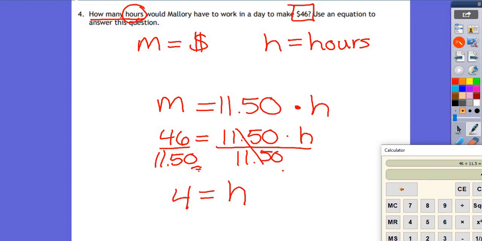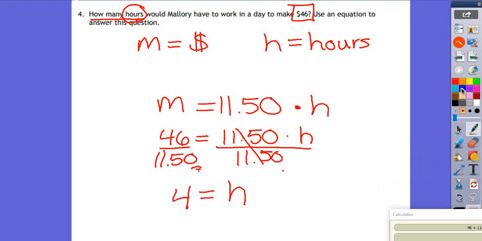Some people see it a little differently. They see that I'm looking for hours, right? And I need something to multiply M by to figure out what that hours is. You just divide.